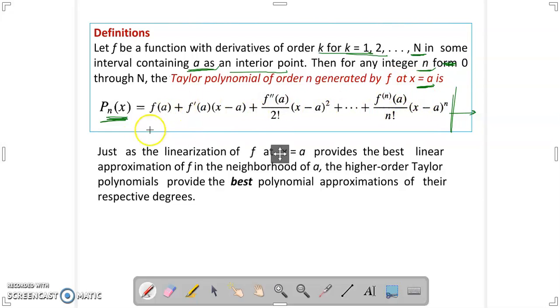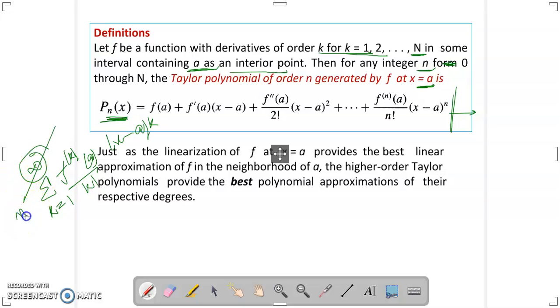This is the same series where we had f of k order, f k at a upon k factorial multiplied by x minus a raised to the power k. Here k was varying from 1 to infinity. Now this is not infinity, this is the number n, the order of the approximation.